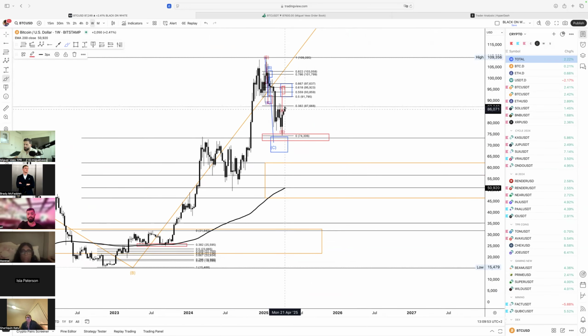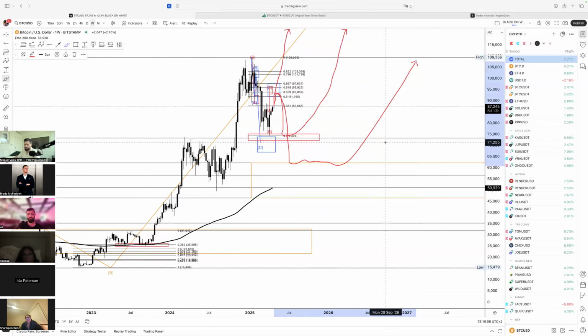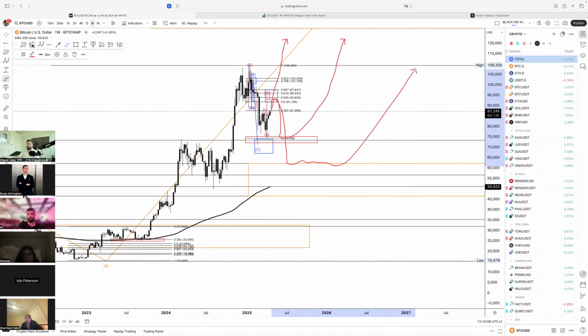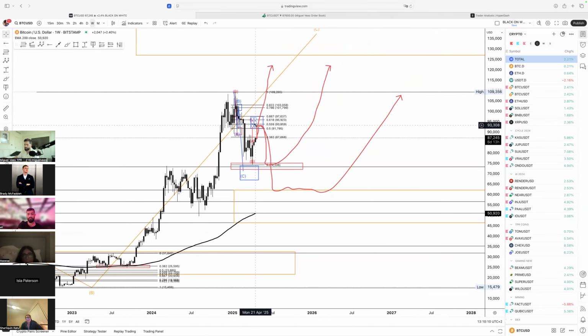So either something like this or something like this or something like this. These are the three main outcomes right now for Bitcoin. Number one is the world changes tomorrow and everything is so positive and we start a massive bull run.